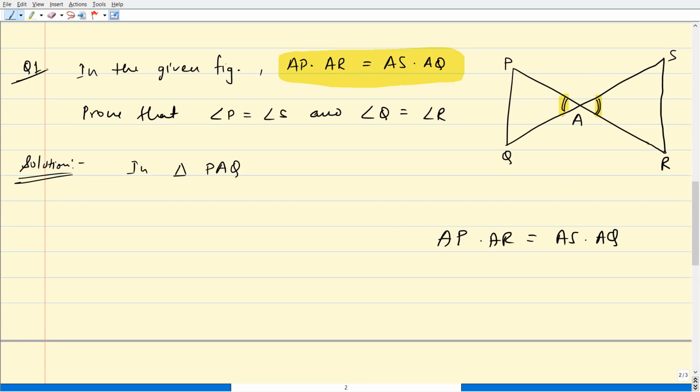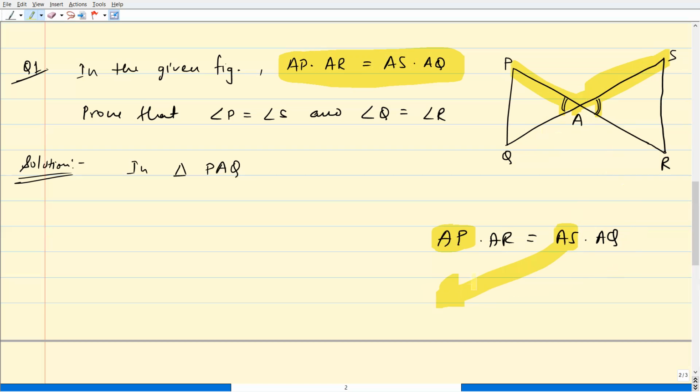So what I can do is, see here, where is AP? Look at this AP here. Now this AP by some other side, either this side or this side. Which side can I bring over here in the denominator? I have only AS and AQ. AQ belongs to the same triangle, so don't bring your AQ down below AP, because AS is from the other triangle.